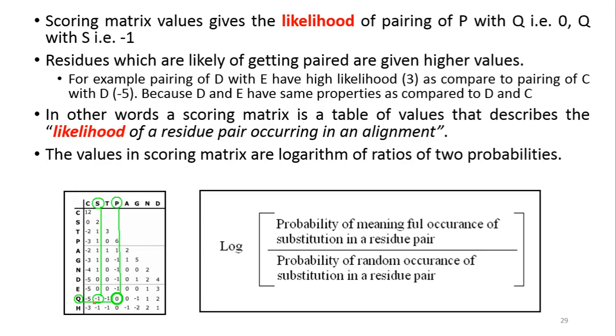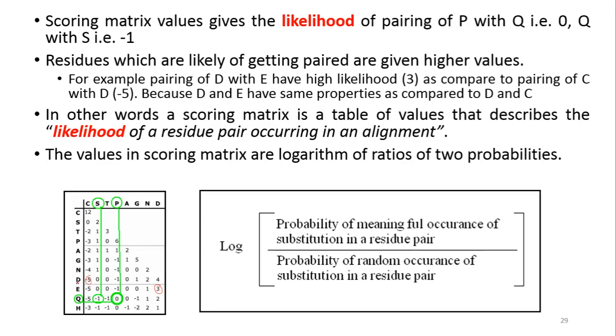Now you must remember that residues which are most likely to get paired in your alignment are given higher values. For example, the likelihood of pairing D with E, that is glutamate, is given the higher likelihood value of 3 as compared to the value of pairing D with C, which is -5.